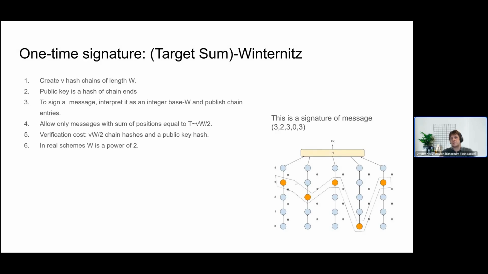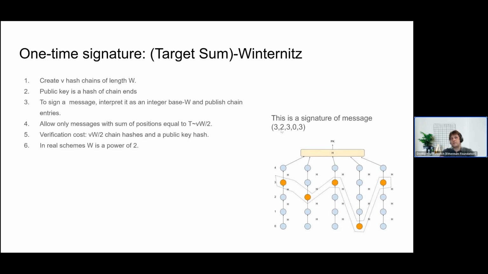I mean, it's not possible from a published signature to sign another message because when you publish these chain components, it's possible to sign a message with each component which is further on the chain. But if we put this sum requirement, then another message with the sum 11 must have one of its components smaller than this one.